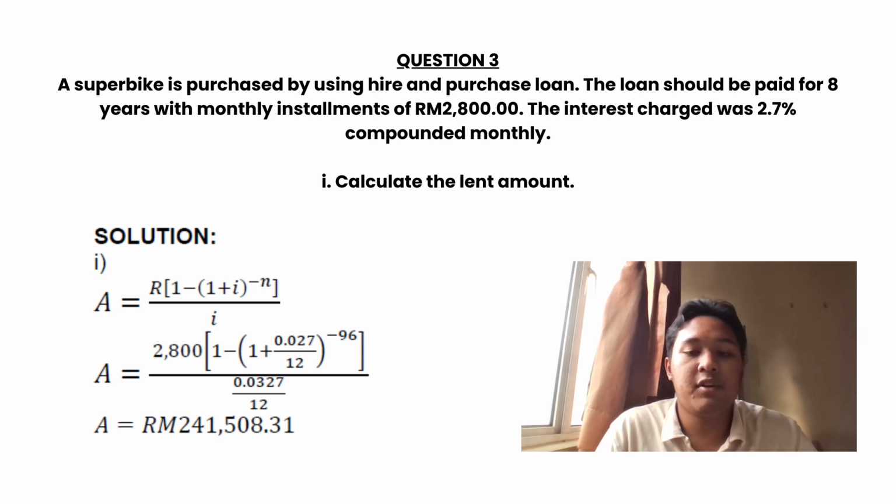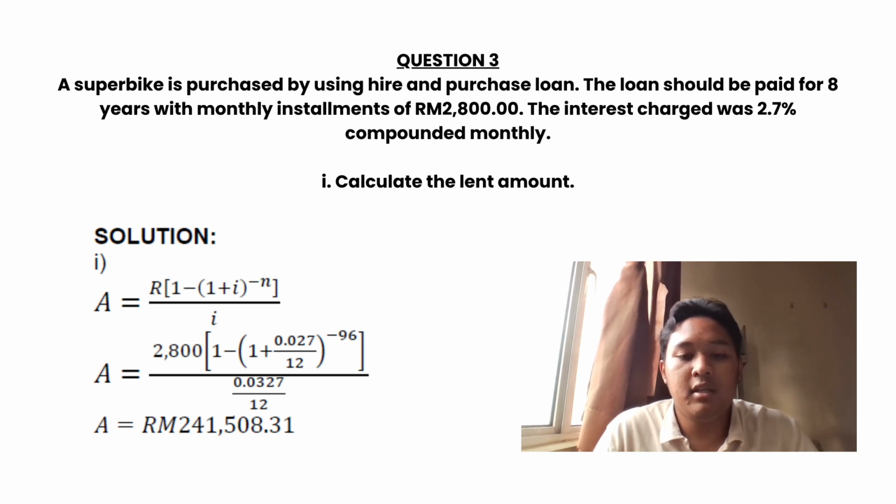To calculate the loan amount, we have to write the formula first. So let's start with A equals R times (1 minus (1 plus i) to the power of negative n) divided by i. And then we put in the amounts one by one.